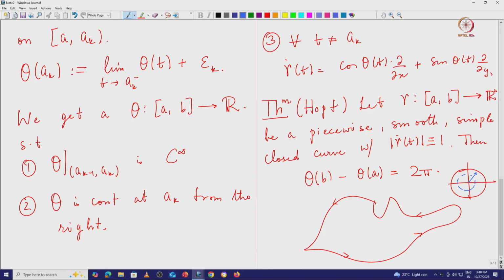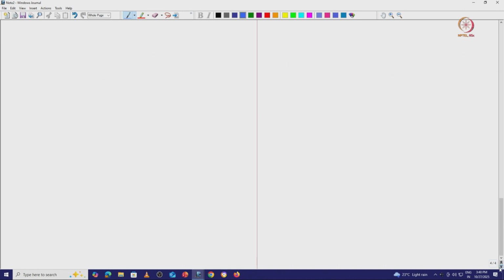Of course the velocity vector might increase and then again decrease and so on. The angle that it makes with the x axis might increase, might decrease sometimes, so it is not monotonically increasing, but eventually when you come back to your origin point, your velocity vector has made a total rotation of 2 pi. Okay. So this is quite a remarkable theorem.